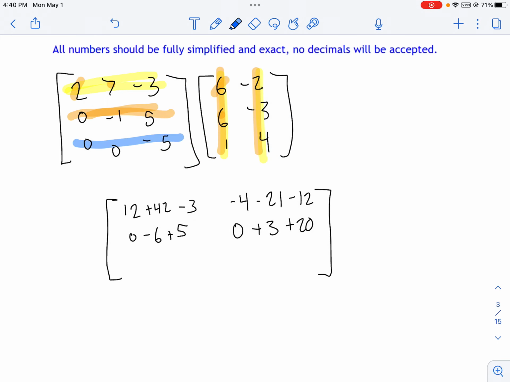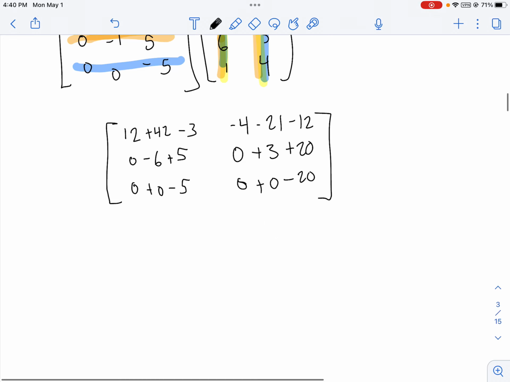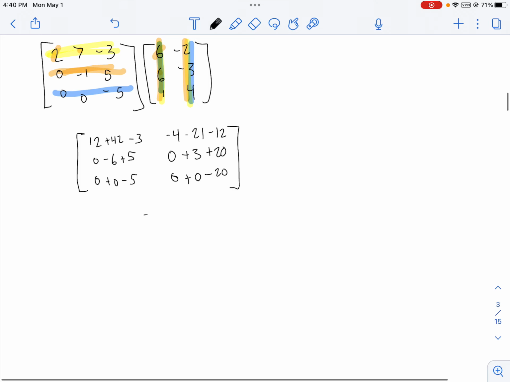Then we have our last ones. Third row, first column, that will be 0 plus 0 minus 5. The second column will be 0 plus 0 minus 20. So the resulting matrix is 12 plus 42, which is 54, minus 3, 51.